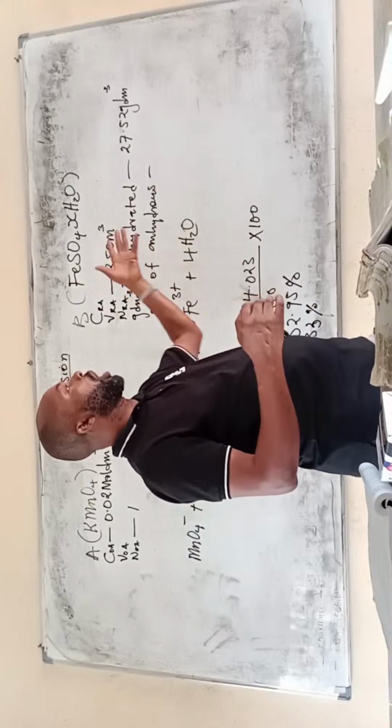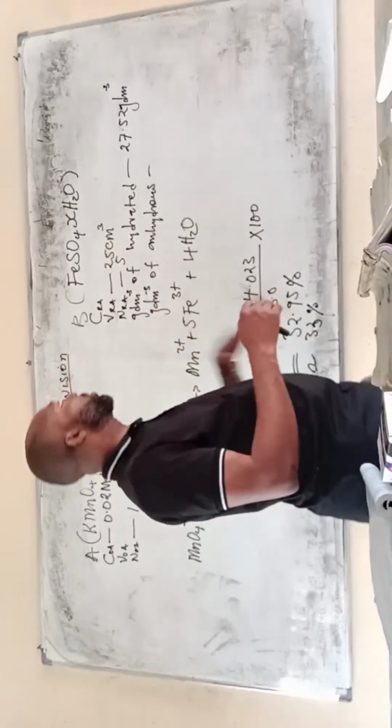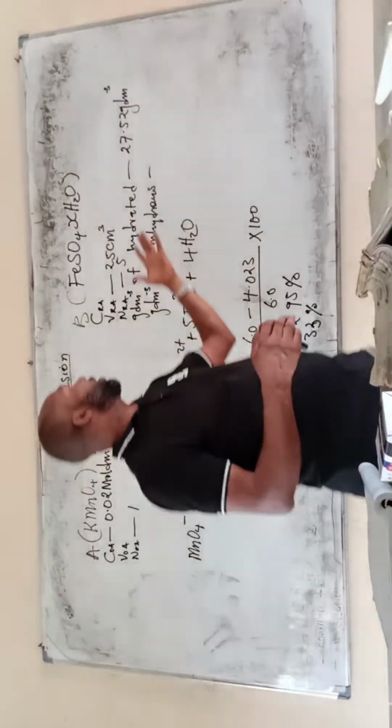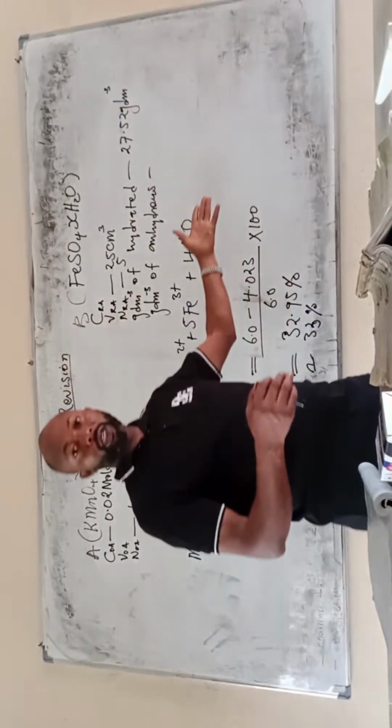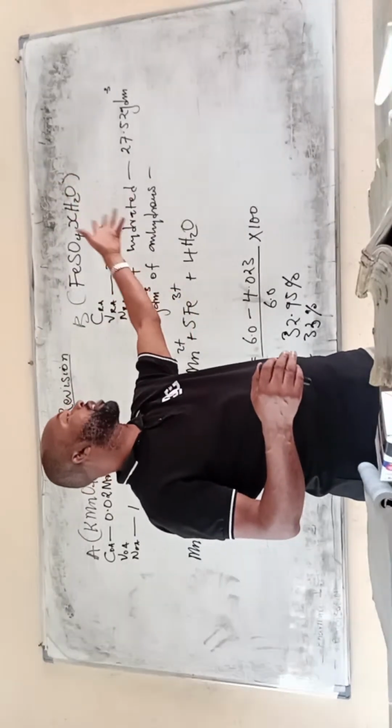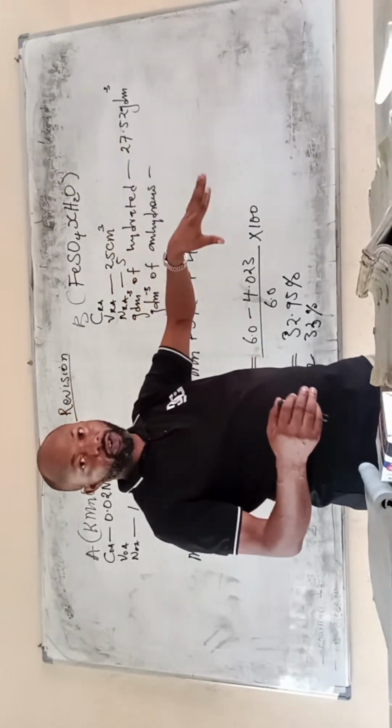Now, for us to know our X, it has its own formula. It says the mass ton of hydrated over the mass ton of anhydrous times what? Equals the relative molecular mass of hydrated over the relative molecular mass of anhydrous.